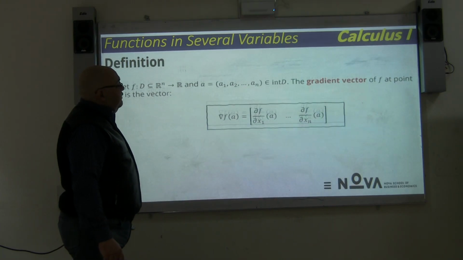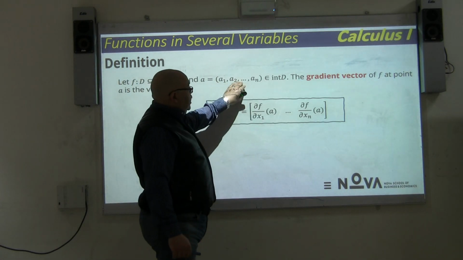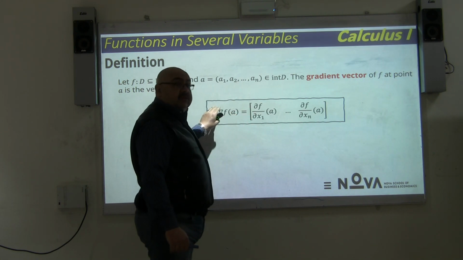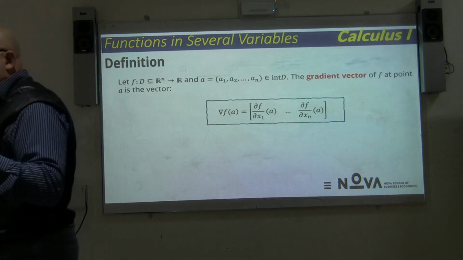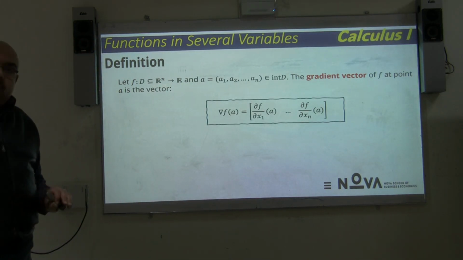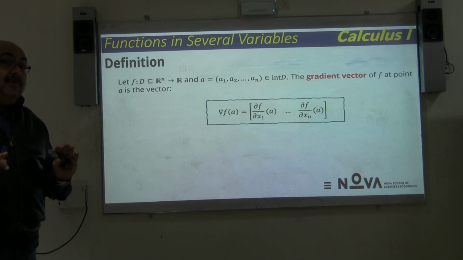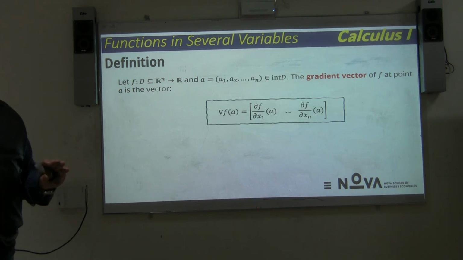So if I have a function defined on x1, x2, up to xn, and I want to get the gradient vector, all I have to do is get all the partial derivatives and substitute them in the gradient vector. Of course, no exam will be away from the gradient or the Jacobian, so you have to understand them, and they are really very simple.